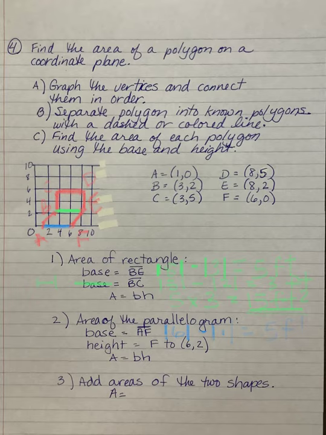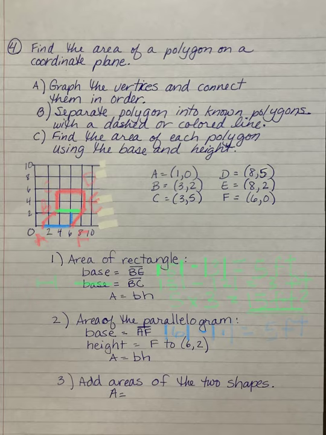Then the height is going to be from F to the point where X is 6 and Y is 2, because we want to use that vertical height there for the parallelogram. If you look at it in blue, that's what I'm looking at.